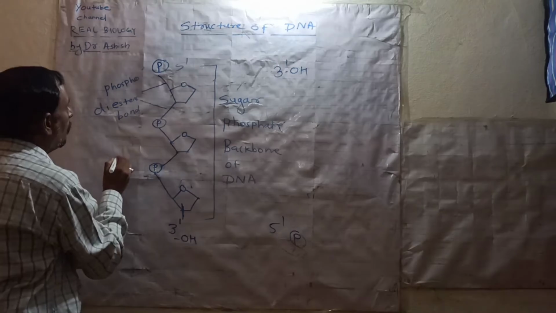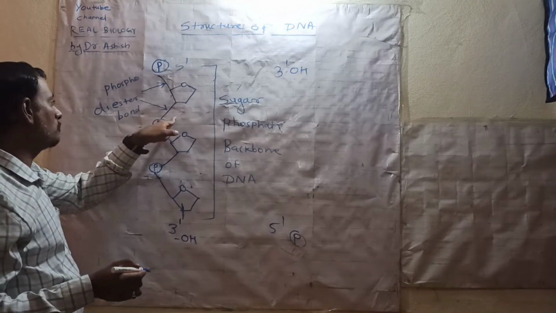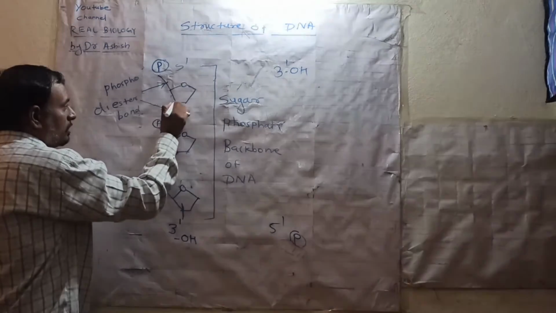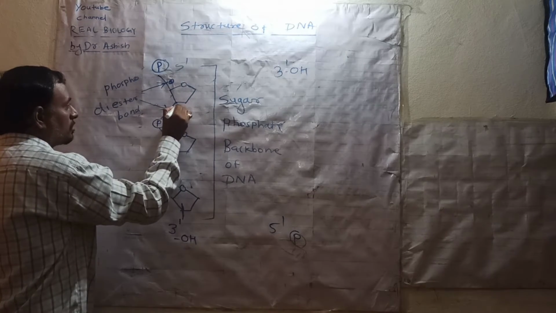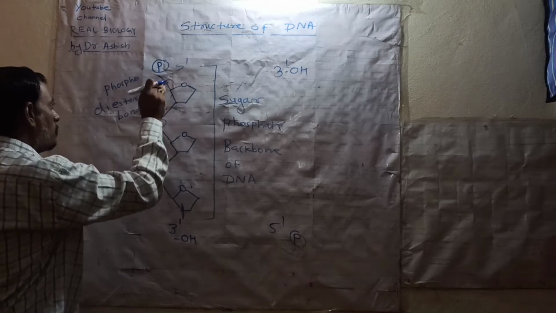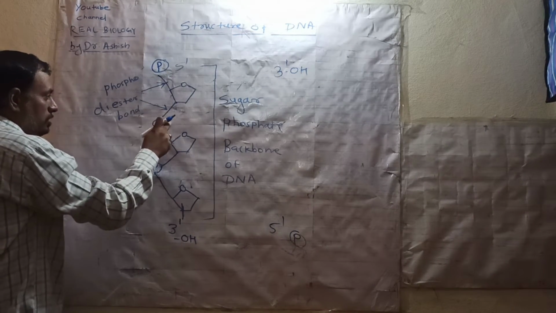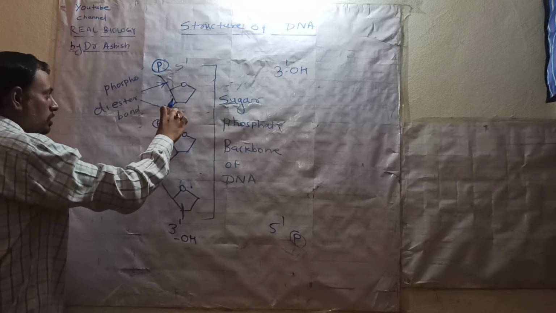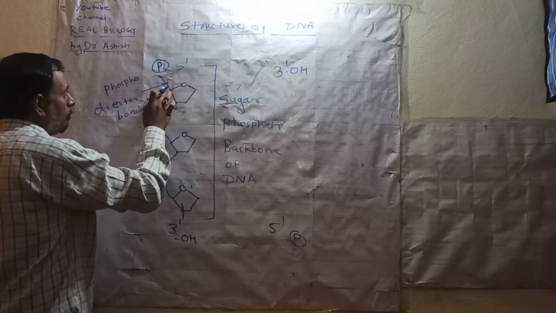See, there are two bonds on both sides of the sugar. Here it's the fifth carbon, here it's the third carbon of the sugar. So there are two phosphodiester bonds attached to the sugar on both sides. A phosphate is attached with two sugars on both sides. So these bonds are known as phosphodiester bonds.